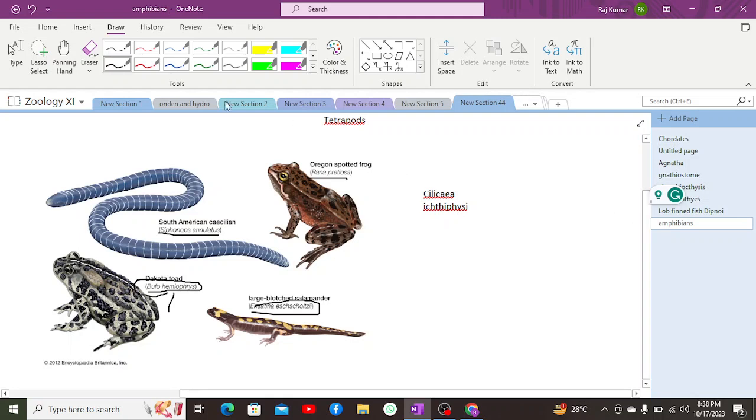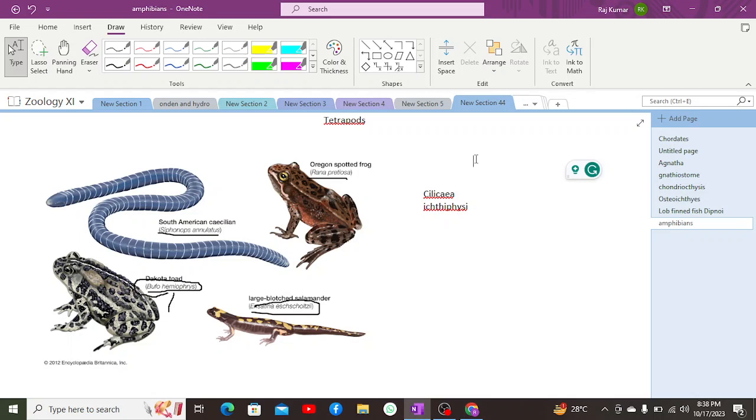When it comes to their gills, they have gills without any sort of operculum or gill opening.